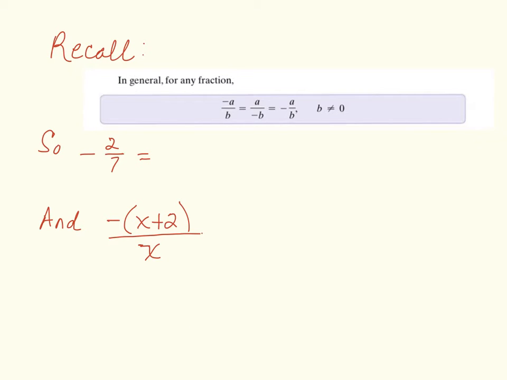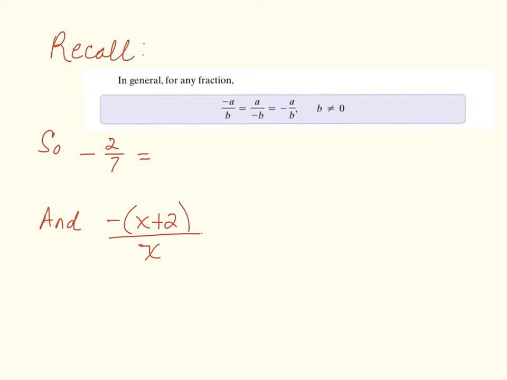Now remember that in general, for any fraction, if you have negative a over b, that has the same value as a over negative b, which in turn has the same value as the opposite of a over b, as long as b is not equal to 0.